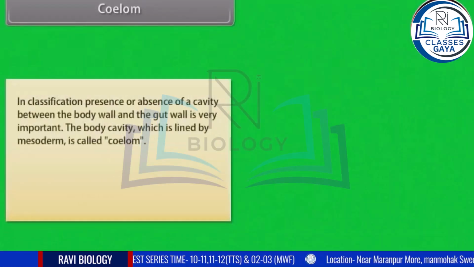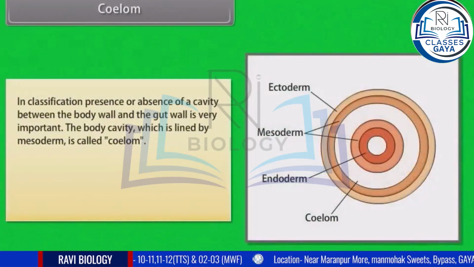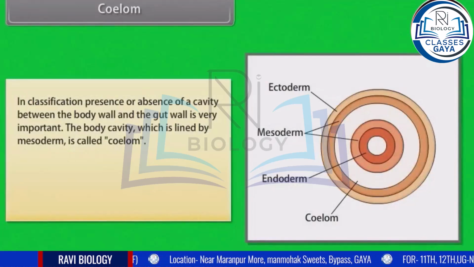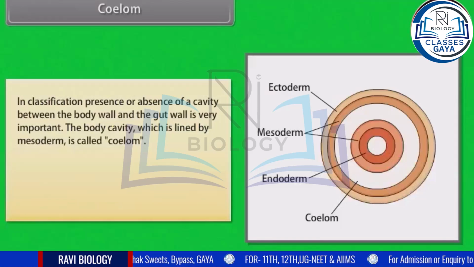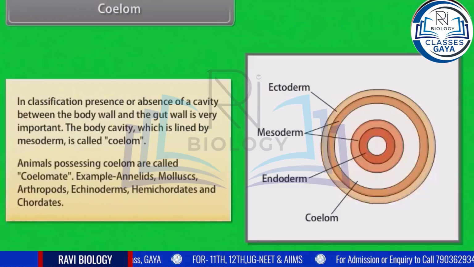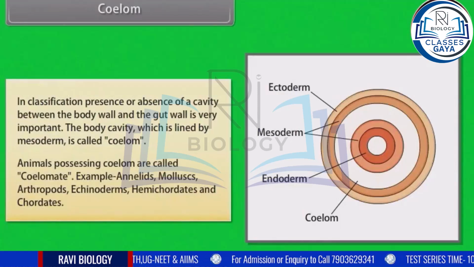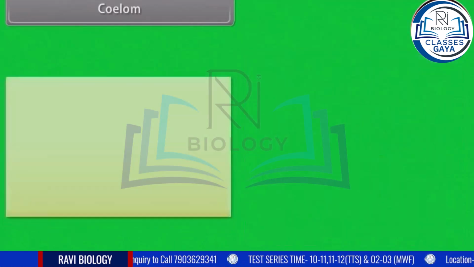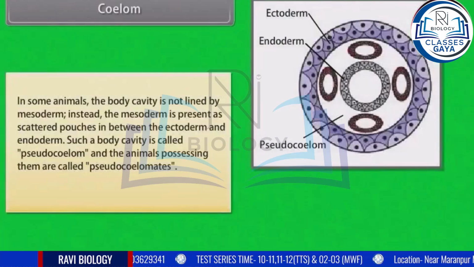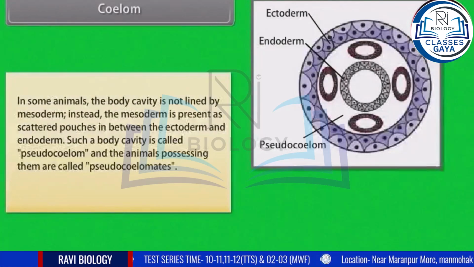Phylum. In classification, presence or absence of a cavity between the body wall and the gut wall is very important. The body cavity, which is lined by mesoderm, is called coelom. Animals possessing coelom are called coelomates. Example, annelids, mollusks, arthropods, echinoderms, hemichordates, and chordates. In some animals, the body cavity is not lined by mesoderm.